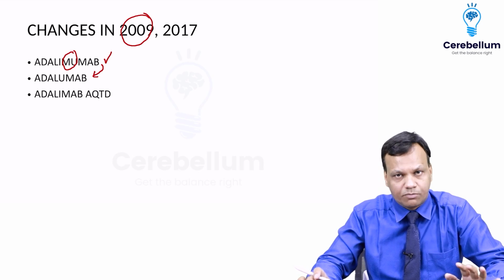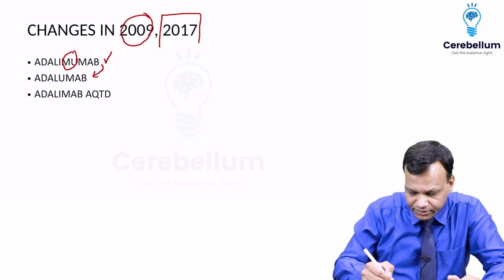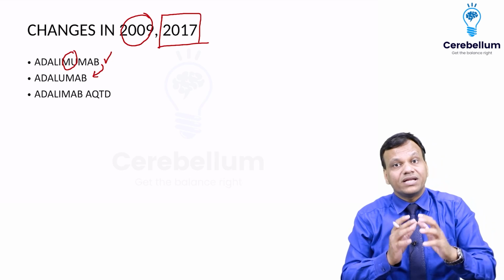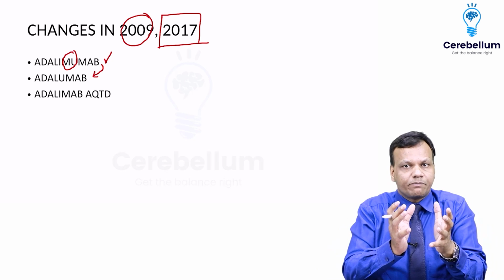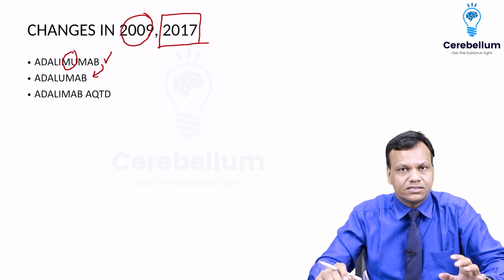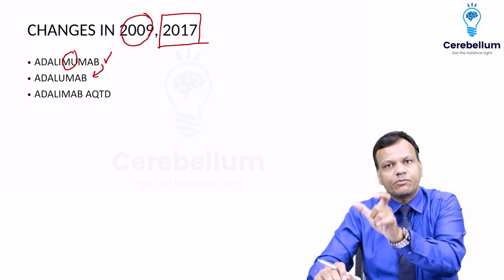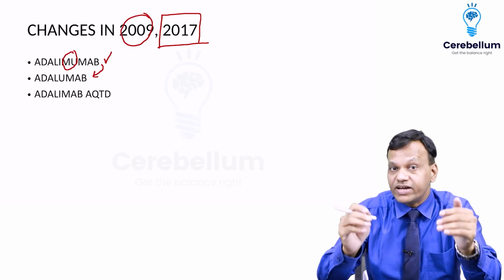Source code was removed. Then later on in 2017, what happened? Many companies started making the same monoclonal antibody. Like we have generic products, many companies can produce the same compound. But in biologicals, even if the same monoclonal antibody is produced by two different companies, it can produce different biological effects.